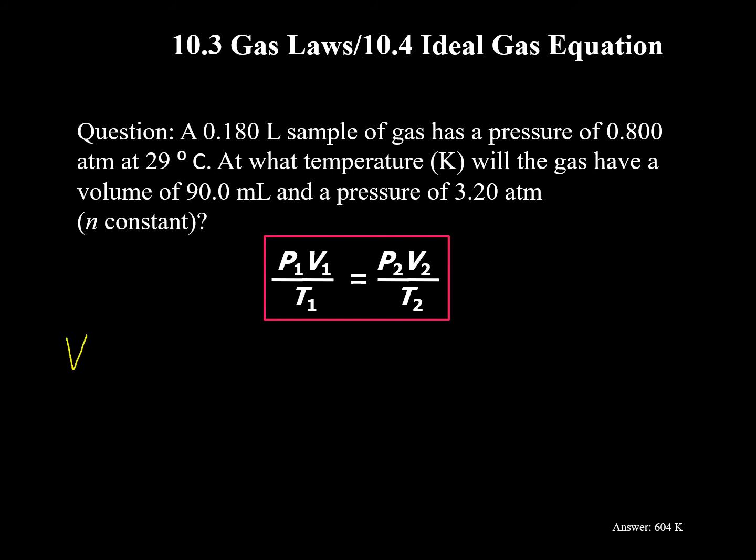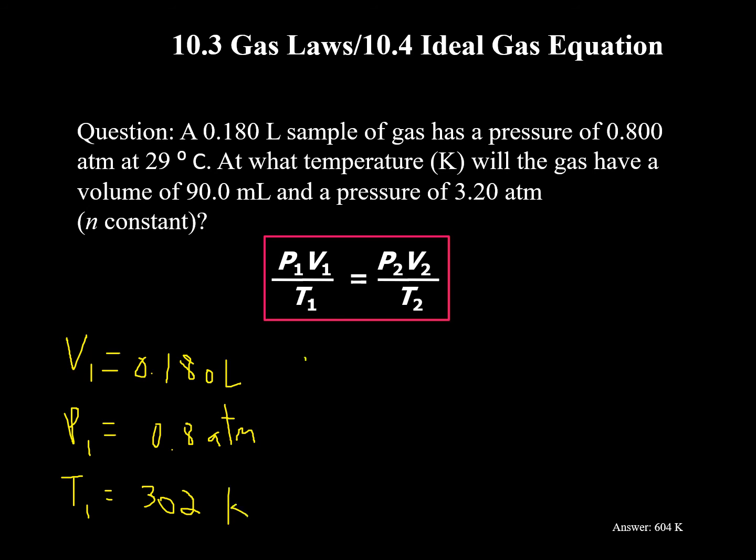So our initial volume is 0.180 liters, which is given in the question. Our initial pressure is 0.8 atm. And our initial temperature is 302.15 Kelvin.